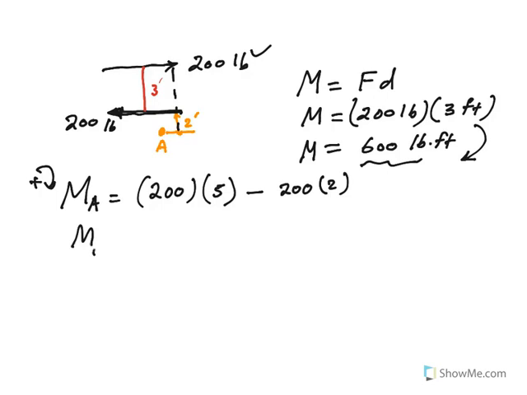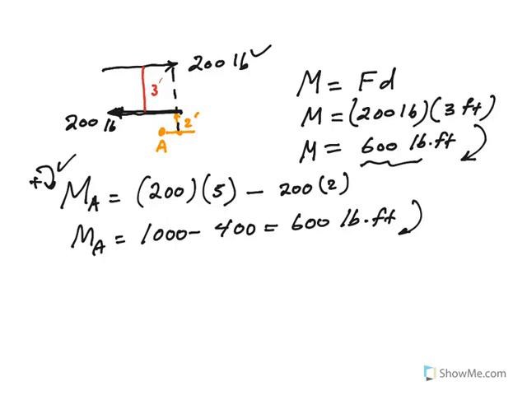And what am I going to get? 1,000 minus 400. I'm going to end up getting positive 600 pound-feet, and positive means it's clockwise. Okay? So the moment of a couple with respect to any point is going to be the same.